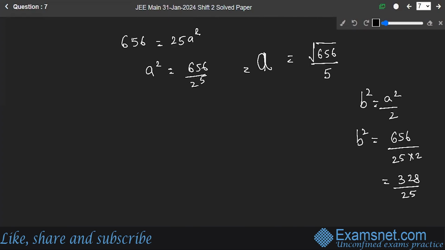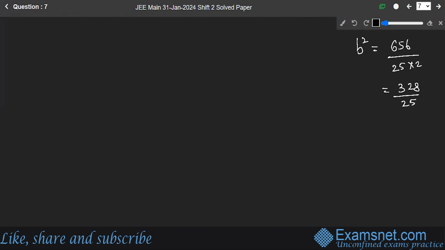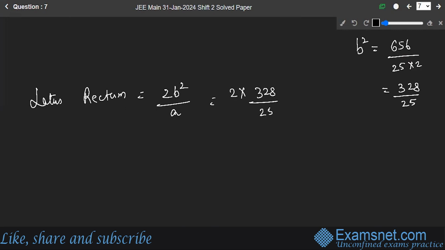Now what you had to find out was the square of the length of the latus rectum. Latus rectum, for an ellipse, is given by 2b square upon a. 2b square is 2 into 328 upon 25. a's value was equal to root 656 upon 5, so multiply by 5 over here. So this will cancel 5.